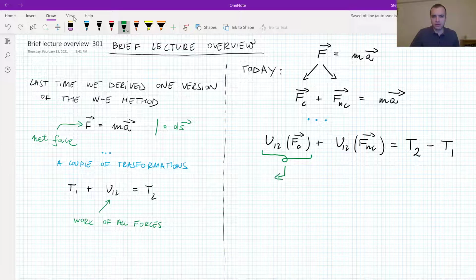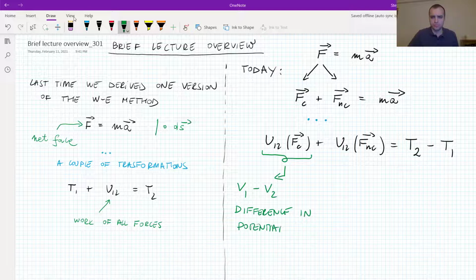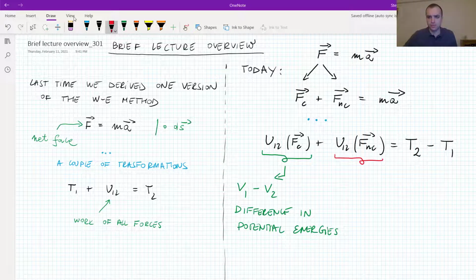The work of conservative forces can be expressed as V1 minus V2. So this is a difference in potential energies at the beginning and at the end. And this other expression is just the work of non-conservative forces, U12 non-conservative.